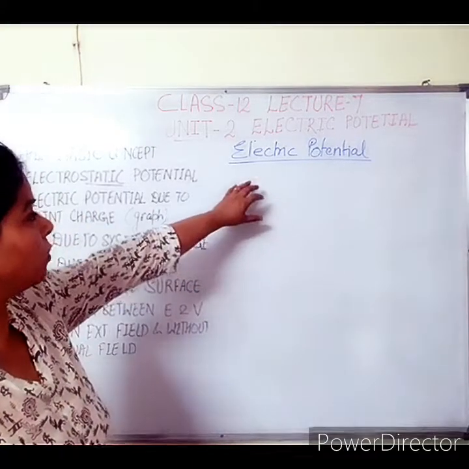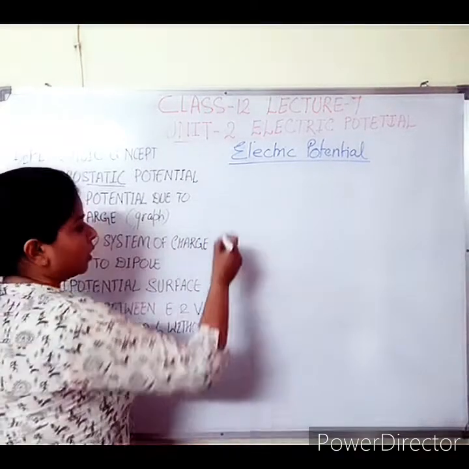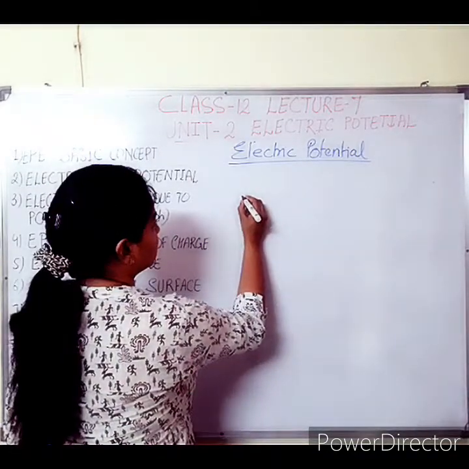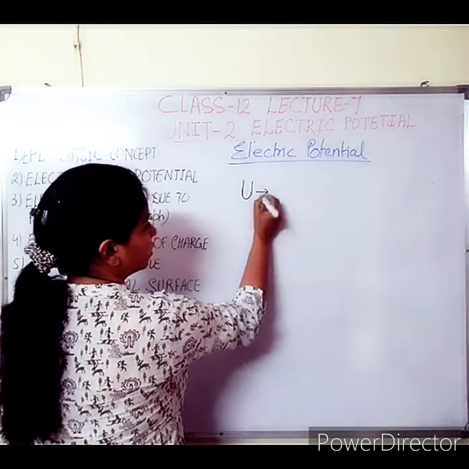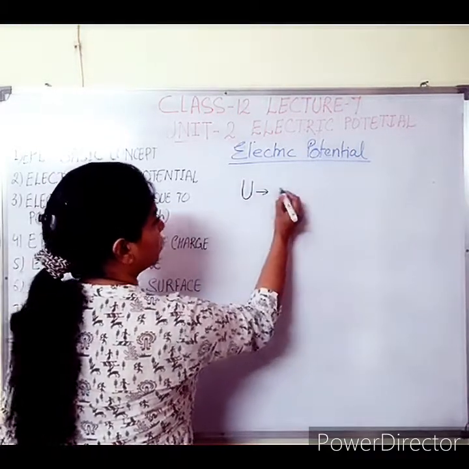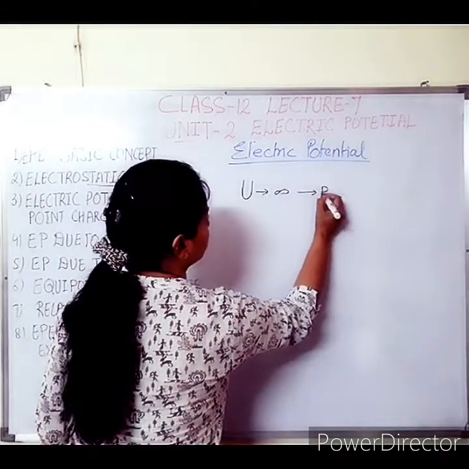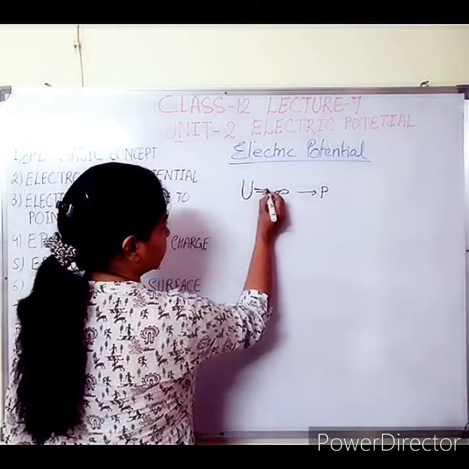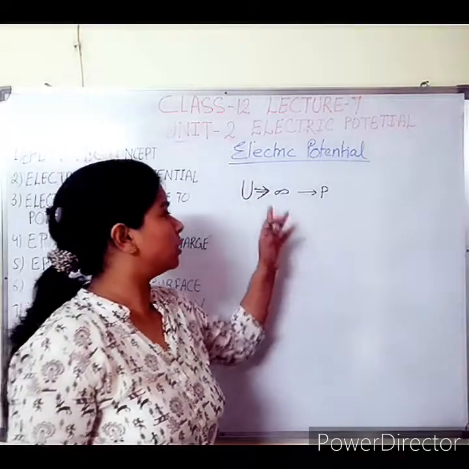Now come to our topic, electric or electrostatic potential. I told the definition of U. What is U here? If the test charge body is moving from infinity to point P, this corresponds to electrostatic potential energy.